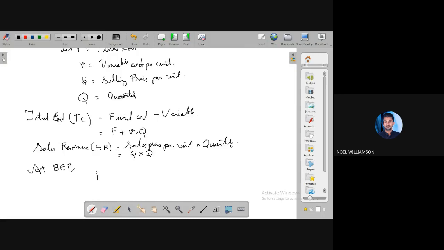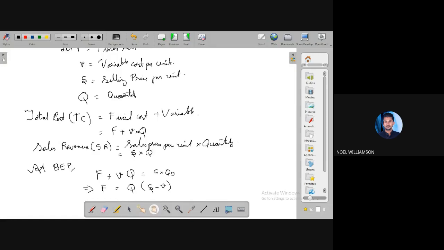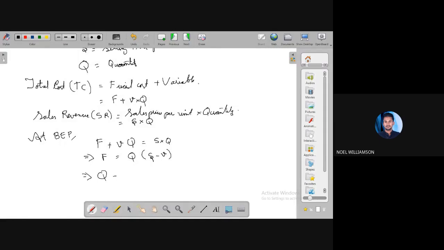That is F plus BQ will be same as that of S into Q. Or we can say F is equal to Q into S minus B. Or we can say Q equal to F by S minus V. This much units. That is Q.